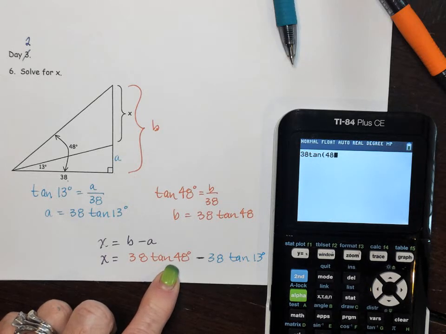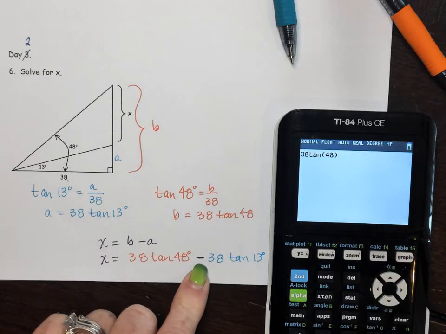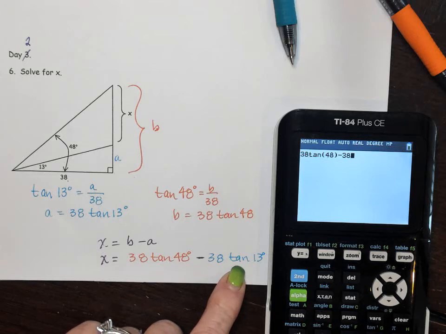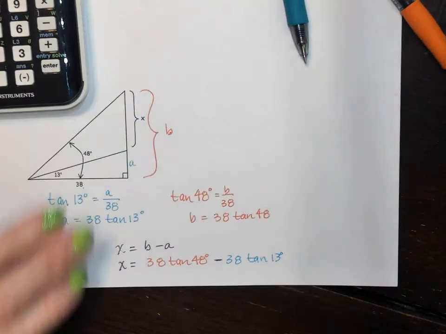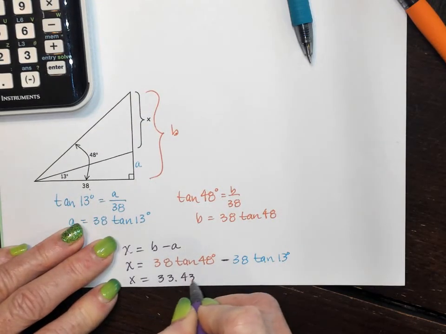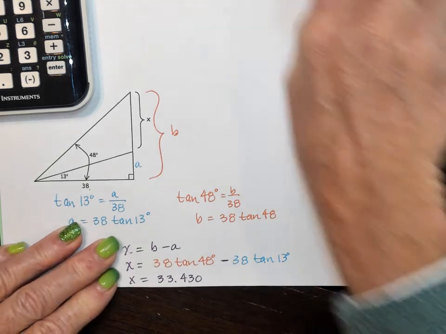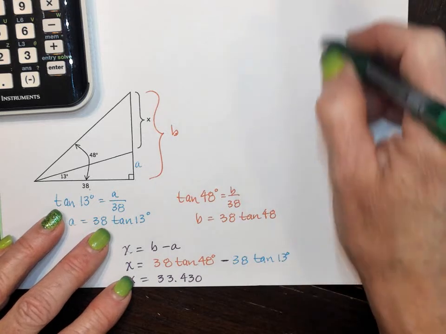Here's where it's really important that you close the parentheses so that you end that tangent. 38 tangent 48 minus 38 tangent 13, and we end up with 33.430. X is 33.430.